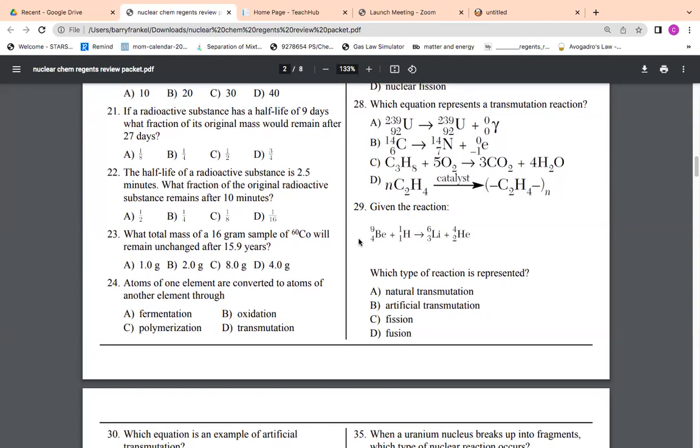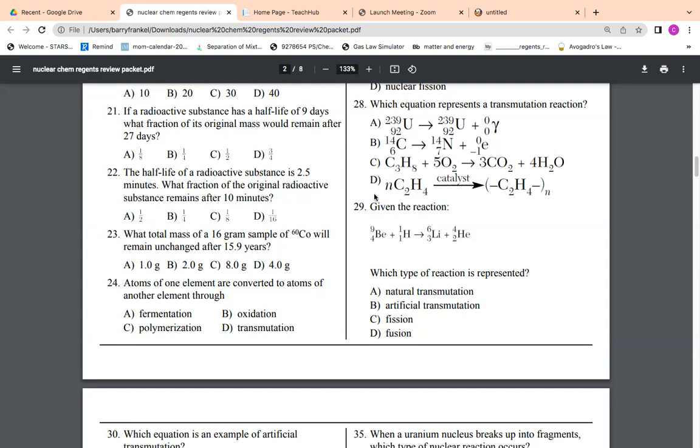Next one is 29. Given the following reaction, which type of reaction is being represented? So we can see here that we have beryllium and it is being bombarded with hydrogen, or really this is a proton. So we have two reactants on the left side, so two things on the reactant side.